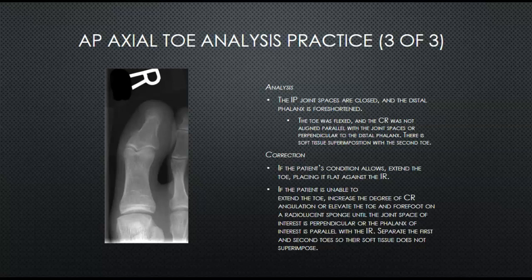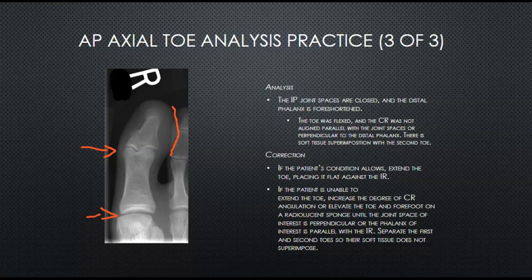Also, we should be asking ourselves, are our interphalangeal joints open? And if they are not, then we may have a central ray angulation problem. I'm also looking at the soft tissue, and I do feel like there's a little bit of concavity on this lateral side. So we may have a little rotation here.